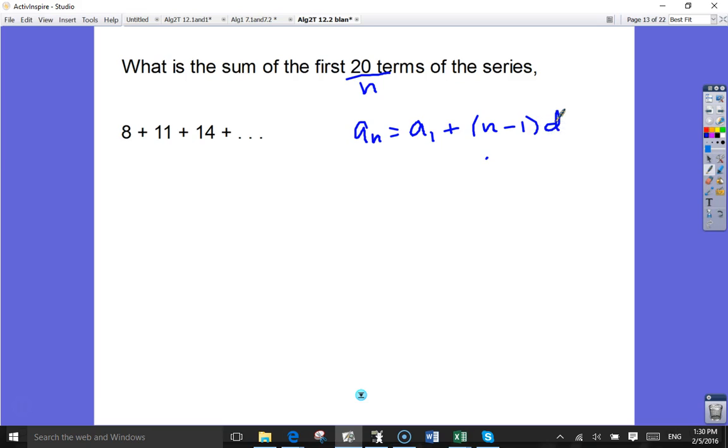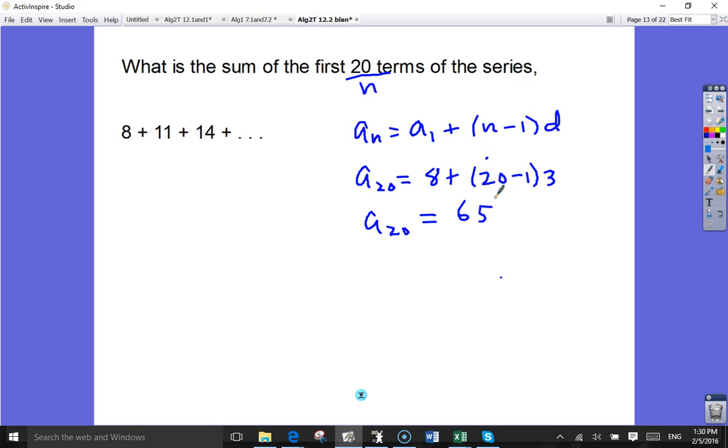So I can find the last term, but I'd have to do this in 2 steps, right? First step, find the last term. A20 equals 8 plus 20 minus 1 times 3, and A20 equals 65. We already know that.